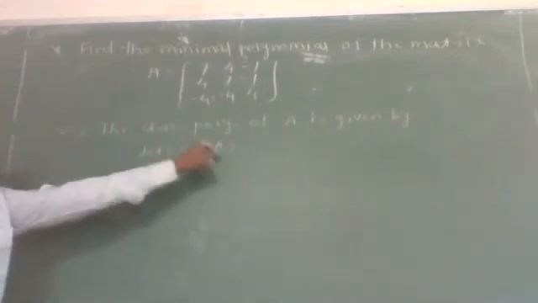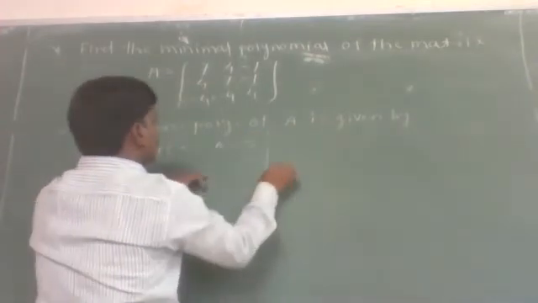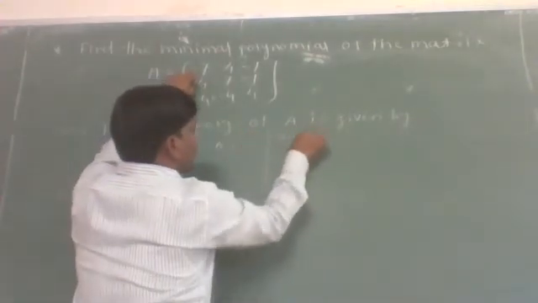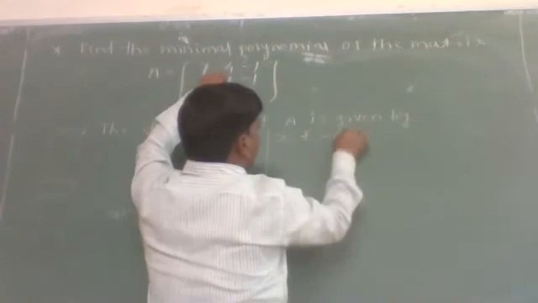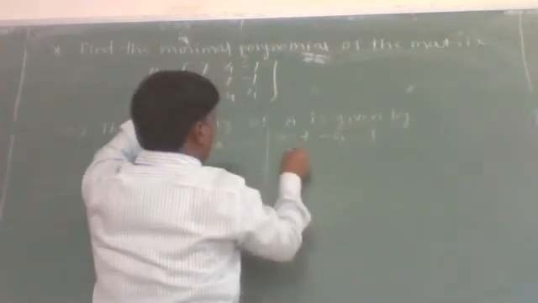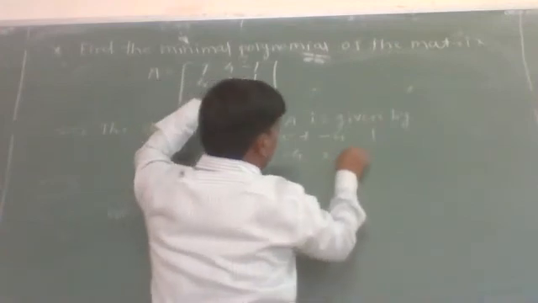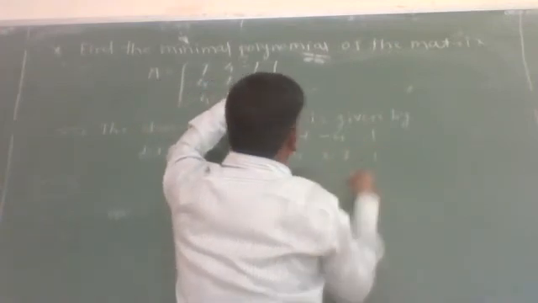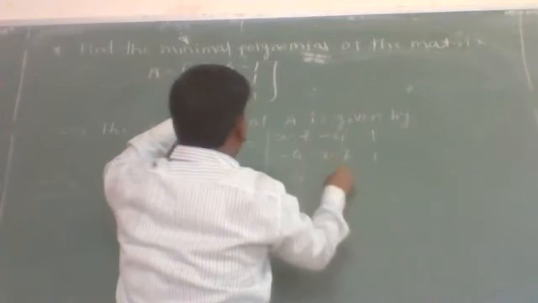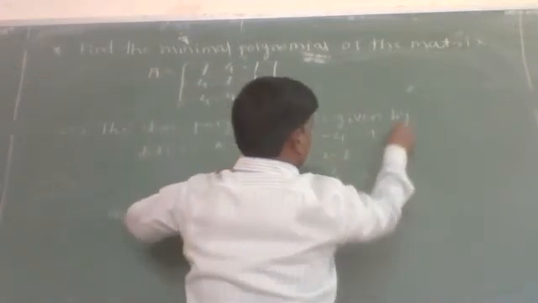Determinant of xI minus A is the characteristic polynomial, which is nothing but x minus 7, minus 4, 1; minus 4, x minus 7, 1; 4, 4, x minus 4.